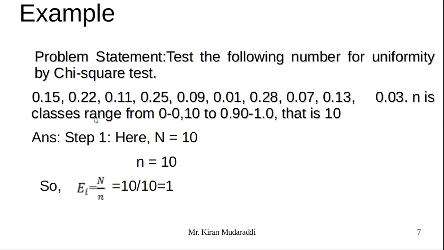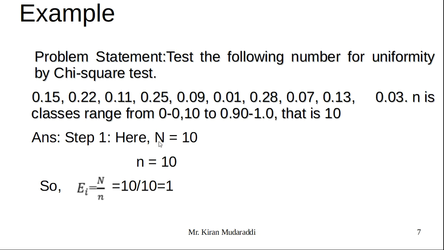So capital N is the number of observations, and lowercase n is the number of classes. The classes range from 0.00 to 0.10, up to 0.90 to 1.0, that is also 10.